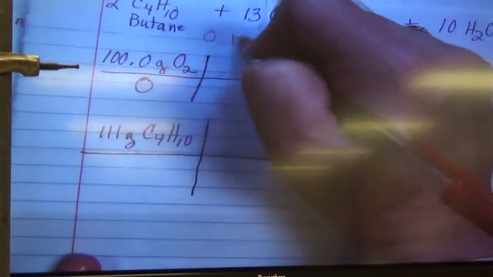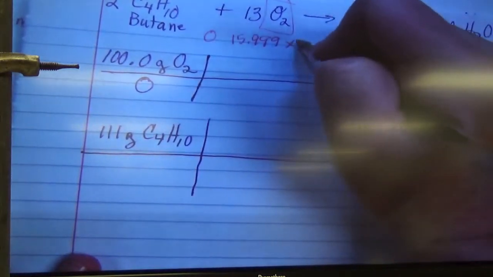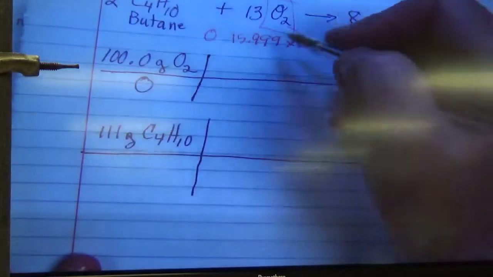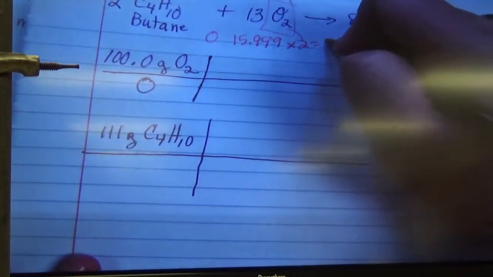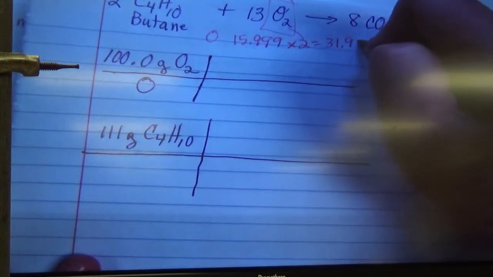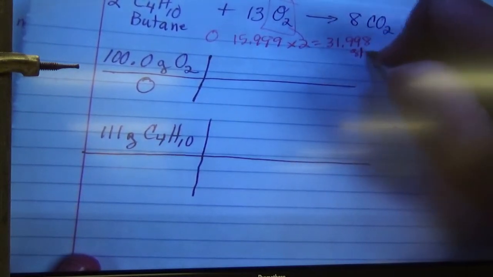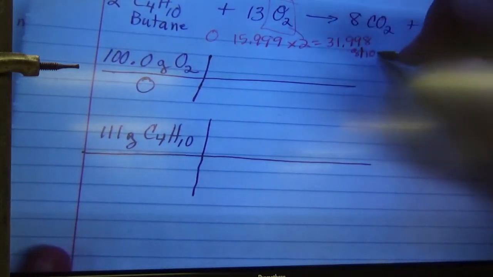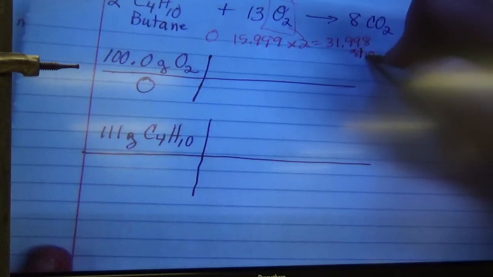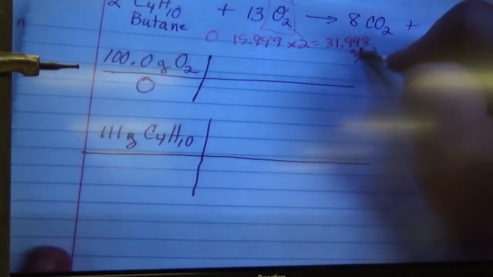It's O2, so we'll do the atomic mass of oxygen and multiply by 2 because the formula tells us to. The molar mass of that is 31.998. We did that in the previous lesson, which was on grams to grams. Molar mass, grams per mole, there we go, there's our unit.